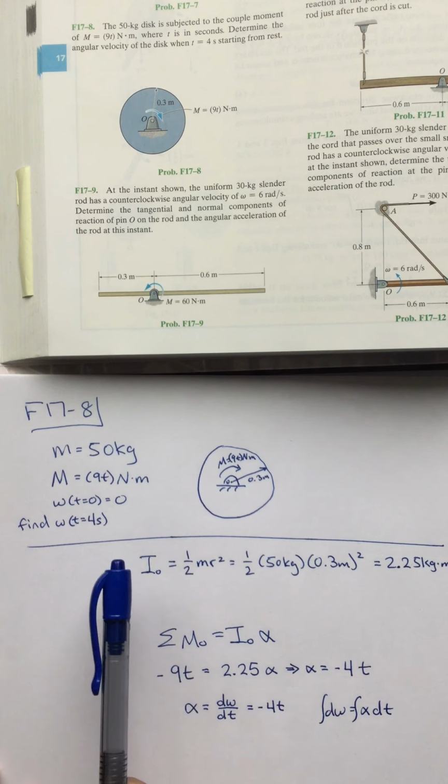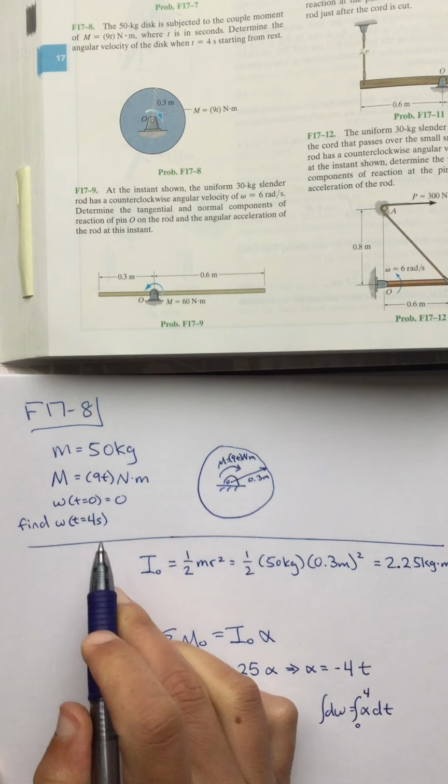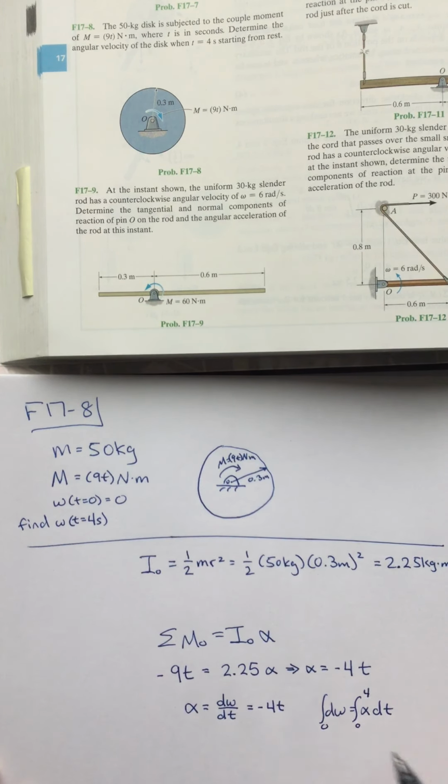And our limits of integration are, for time, we're going from 0 to 4 seconds. And here we're starting at time equal to 0 when the angular velocity is equal to 0. And our upper limit of integration, that's the angular velocity which we are looking for.